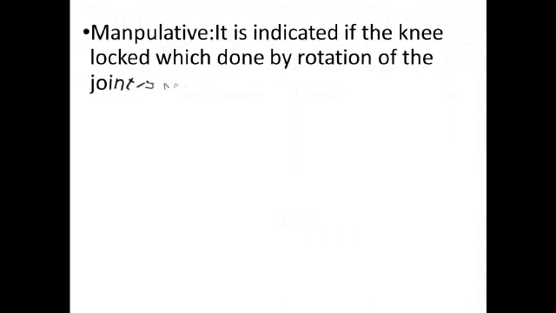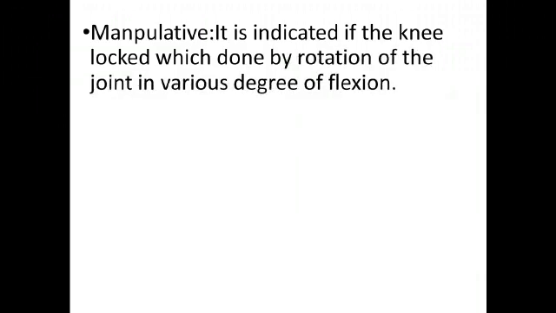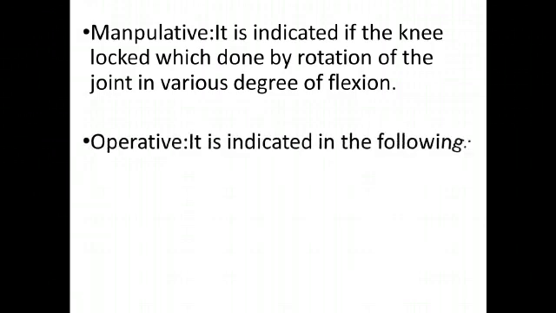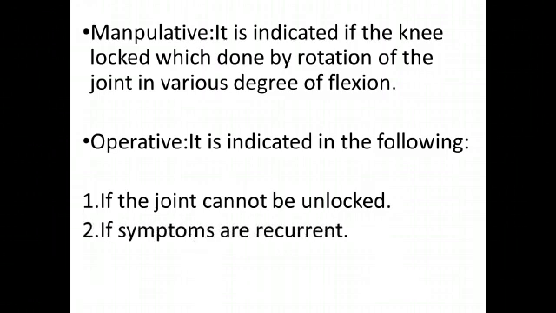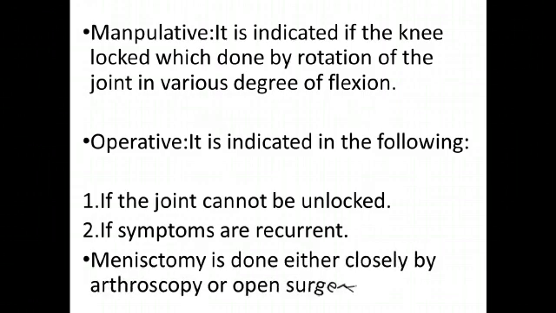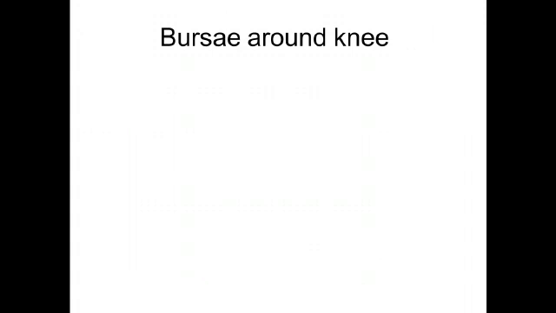Manipulative is indicated if the knee is locked, done by rotation of the joint in various degrees of flexion. Operative is indicated if the joint cannot be unlocked or if symptoms are recurrent. Meniscectomy is done either closed by arthroscopy or by open surgery.